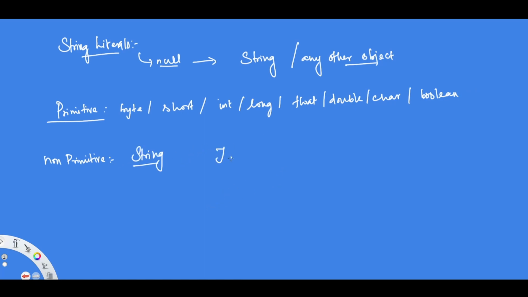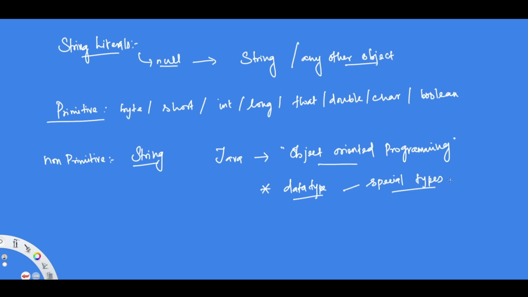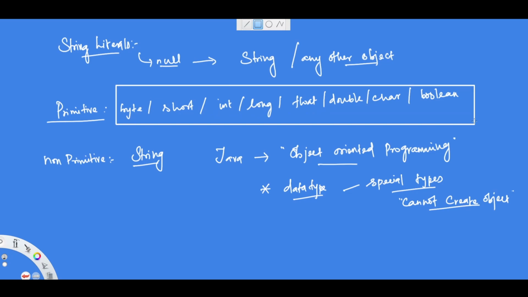Normally we say Java is an object-oriented programming language, but even so, you cannot create objects for a few things in Java. The main thing is data types. These data types are special types which come with the language, and you cannot create objects for them. That's the reason we say these are primitive data types.